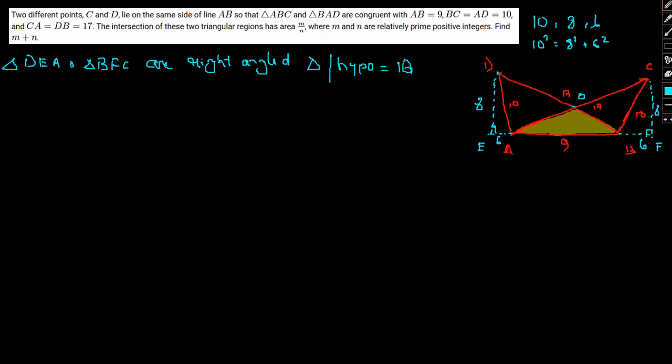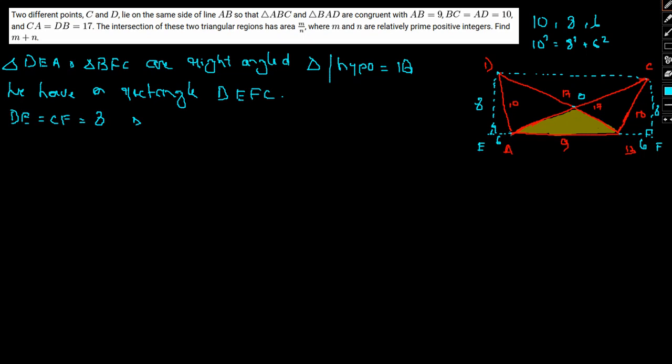Okay, so now from here we can actually see that if we join these two points as well, if we join B and C, then we have a rectangle D, E, F, C, where DE equal to CF being 8 and DC equal to EF being 6 plus 9 plus 6, 21.